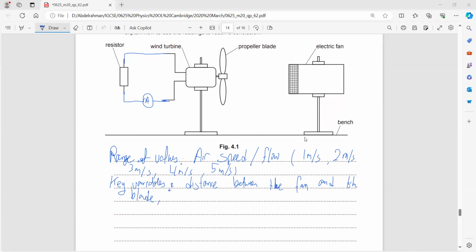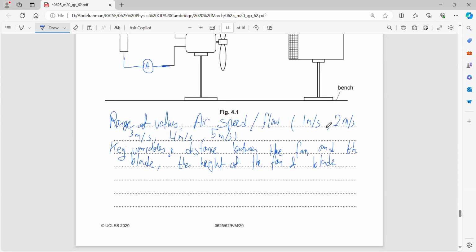Someone could say, for example, the height, or the resistor. Resistor is not wrong. If you want to write it down, it would not be wrong. I'll say, for example, the height of the electric fan and the propeller blade.